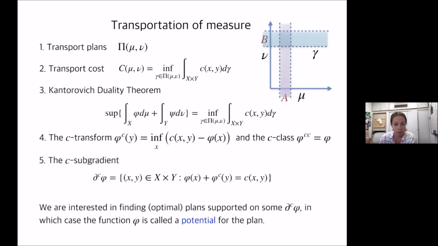Like I explained, one way to get an optimal plan is to make sure that your plan is supported on some c-subgradient of a function. Whenever you are able to find such a plan, you are sure that this plan is optimal. And when this is possible, phi is called a potential for the plan. So finding a potential is a key step in understanding optimal transport plans with respect to a given cost.